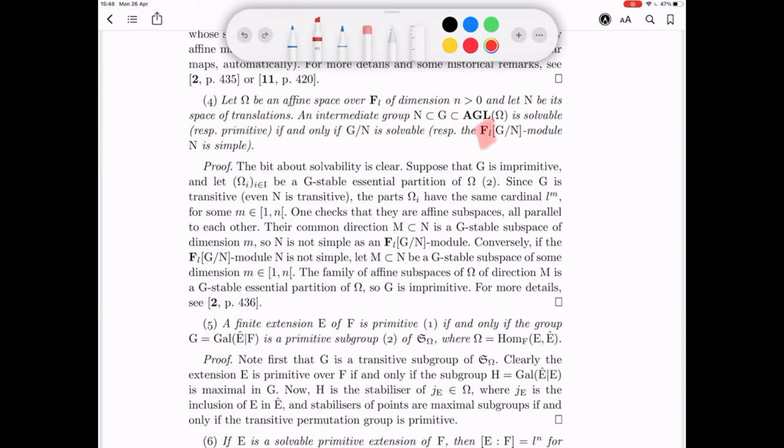It didn't have to be FL, right? It could be any field K. So instead of G mod n, let's take any group H, and instead of FL, let's take any field K. So what is a KH module? A KH module is a vector space over the field K with a homomorphism from my group H into the group of all K-linear automorphisms of the vector space, right?